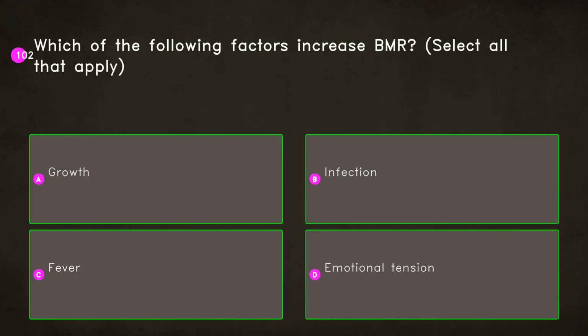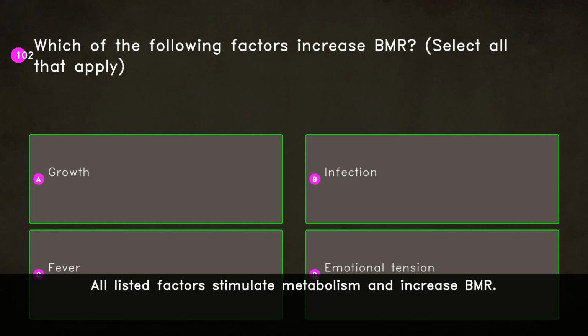The correct answer is growth and infection and fever and emotional tension. All listed factors stimulate metabolism and increase BMR.